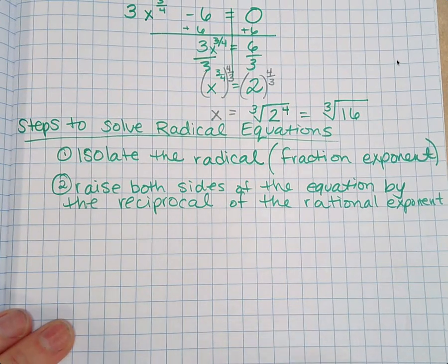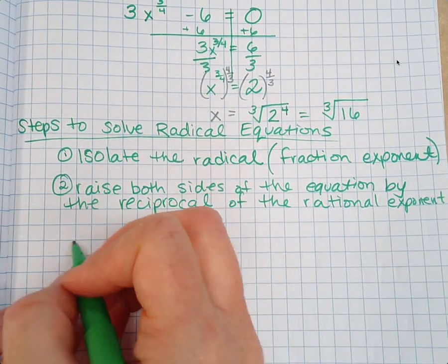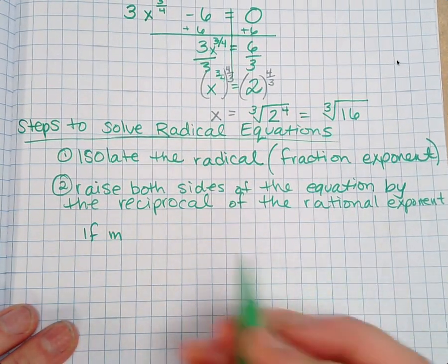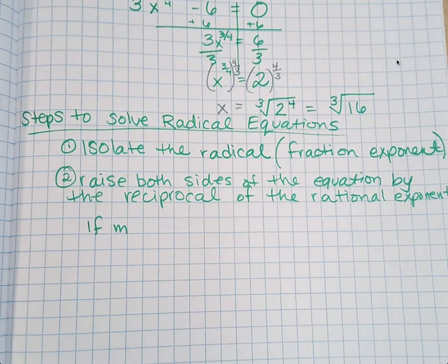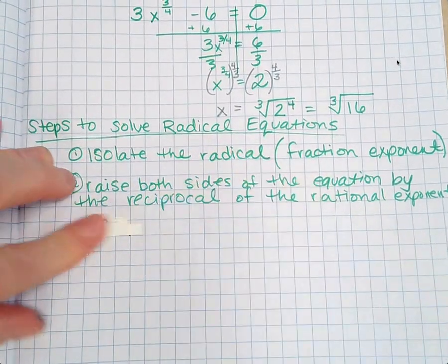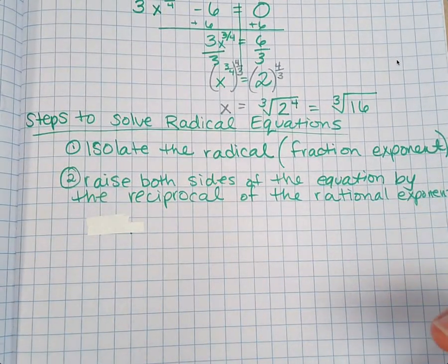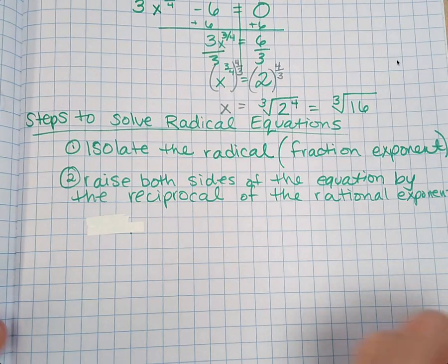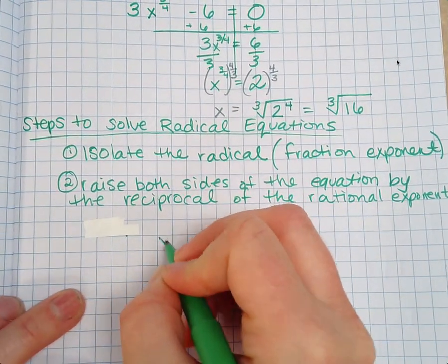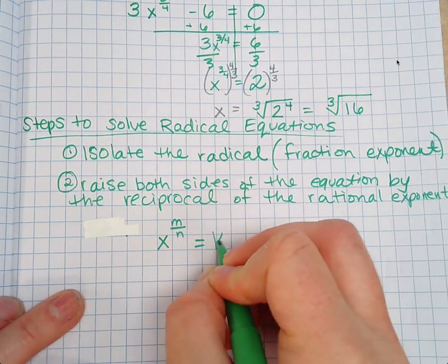Okay, so things that we need to know. Let's write down what m is. Sorry, let me erase that. Because it's going to be different if our exponent is even or odd. So we have, say, x to the m over n is going to equal some value k.